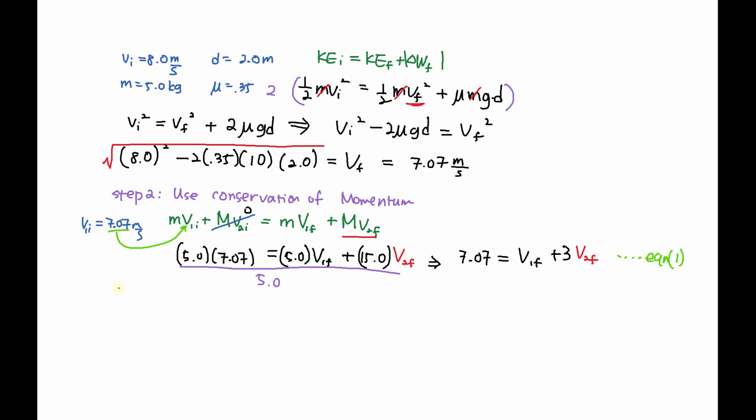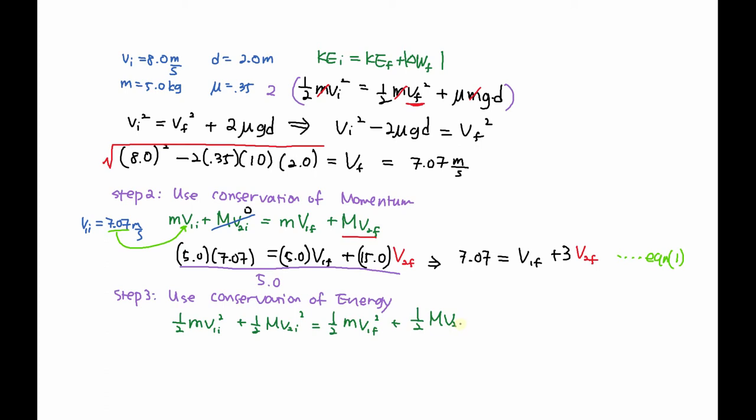Now for our step 3, use conservation of energy. So we have 1/2 mv squared, just like earlier.